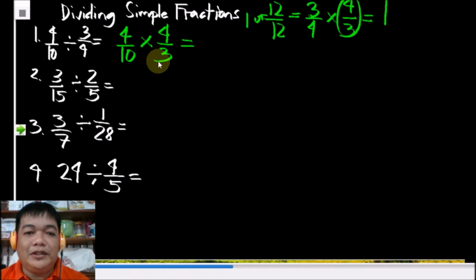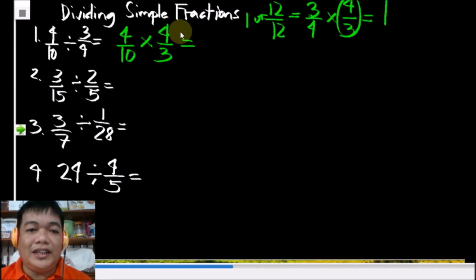Before you multiply the fractions, first you undergo cancellation. You must observe if there are common factors between your numerator and denominator. In this case, 10 and 4 have a common factor, which is 2.